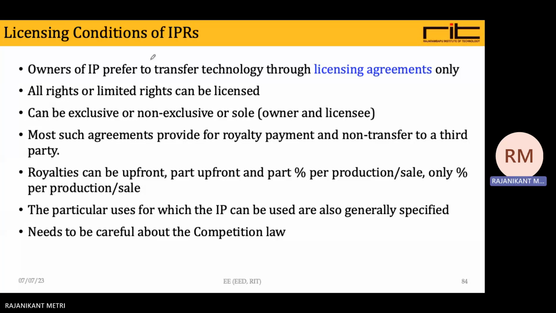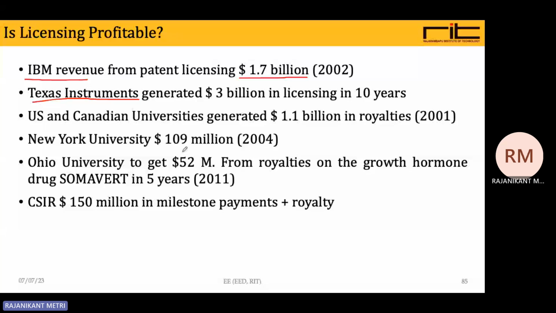Then US and Canadian universities generated $1.1 billion in royalties in 2001. New York University's revenue from licensing was $109 million in 2004.